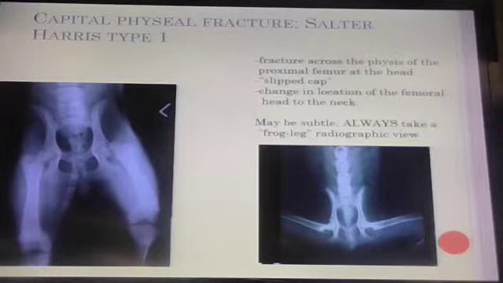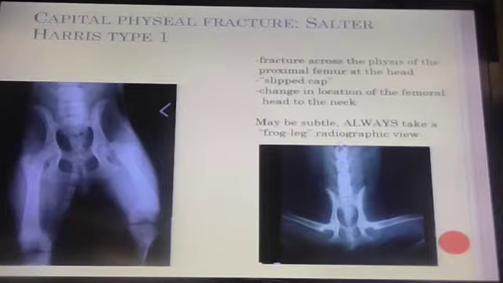Capital physeal slips, or capital physeal fractures, are nothing more than a Salter 1 at the femoral head, the femoral neck. You can call it a Salter 1, but it's typically referred to as a capital physeal slip. In youngsters, always perform a frog leg view. Put the pet on his back and let the legs go off to the side.